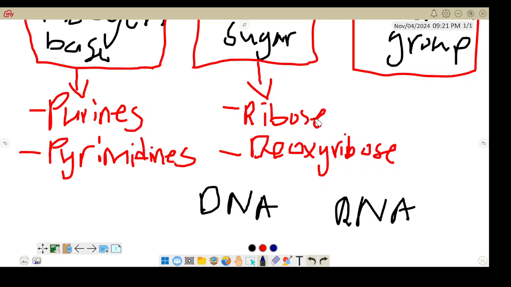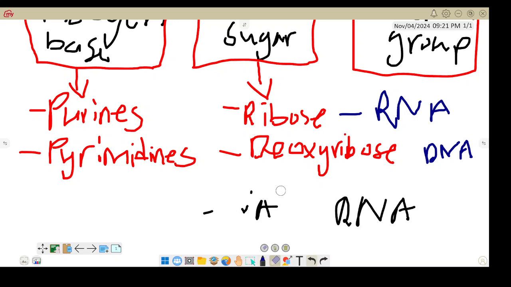So this relates to RNA, and this relates to DNA. If a question asks what sugar is found in DNA, you should say it's deoxyribose. What sugar is in RNA? It's ribose sugar. We can make progress.